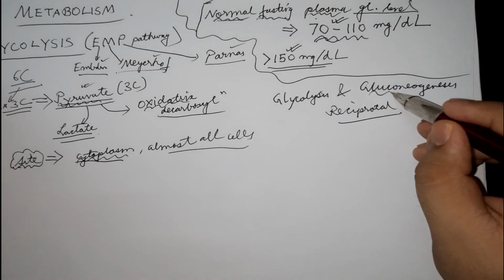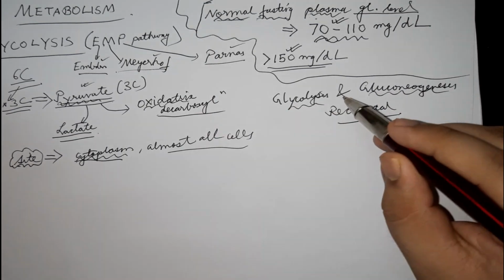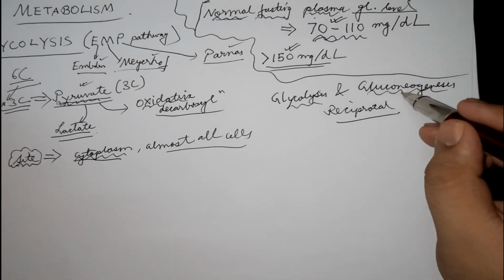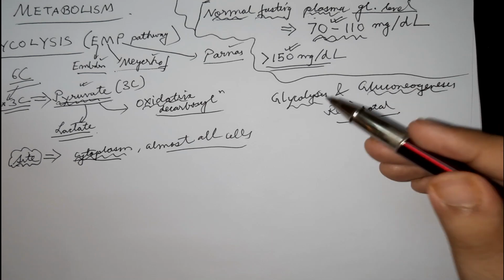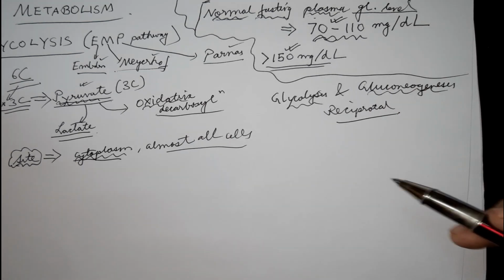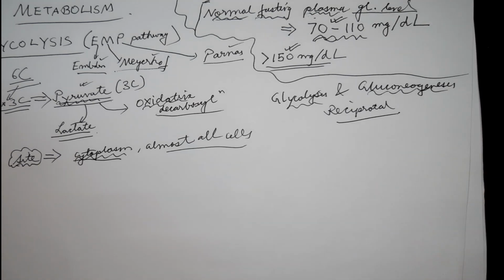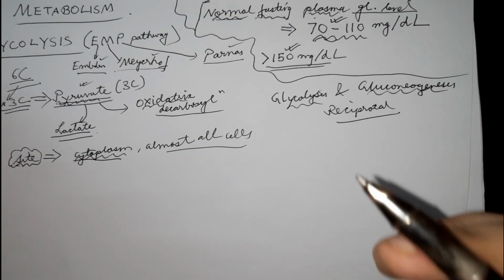Why I'm talking about this is that glycolysis is also important for gluconeogenesis to take place. As we'll see, the steps of glycolysis are mostly reversible. Some irreversible steps are also present, but most steps of glycolysis are reversible.